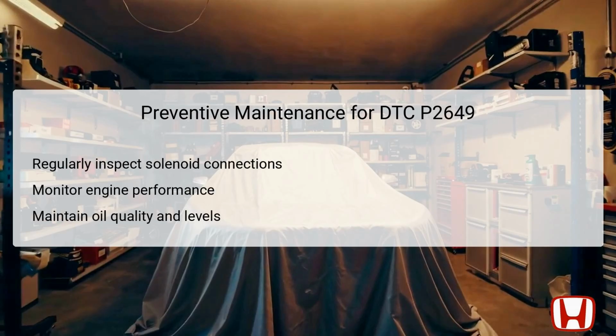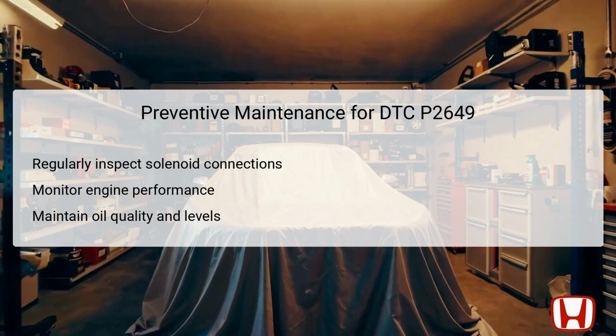Preventive maintenance plays a significant role in mitigating issues like DTC P2649 from arising in the first place. Regular inspections of the rocker arm oil control solenoid connections can help catch loose or corroded terminals before they lead to faults. Monitoring engine performance closely can also provide early warnings of potential issues.